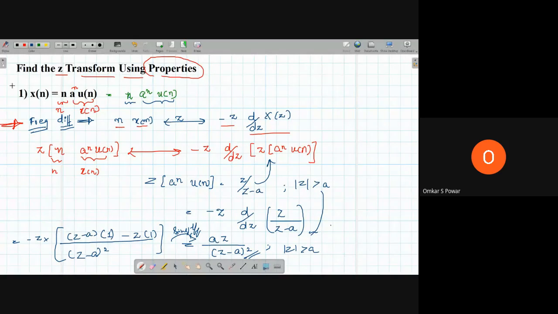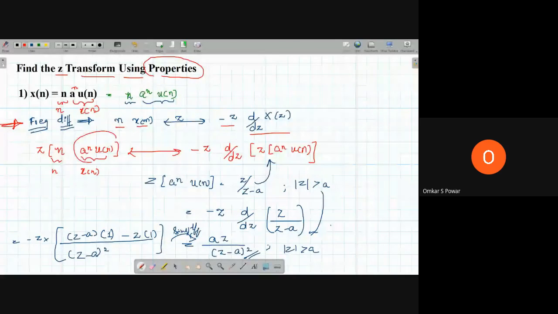Let us see once again. How did we arrive at the Z transform of n a power of n u of n? By seeing this one, we can say it is in the form of n x of n. Using the frequency differentiation property, the Z transform of n into x of n is nothing but minus z d by dz of x of z. That is minus z d by dz of the Z transform of x of n.